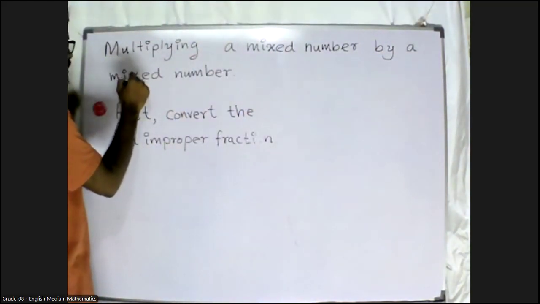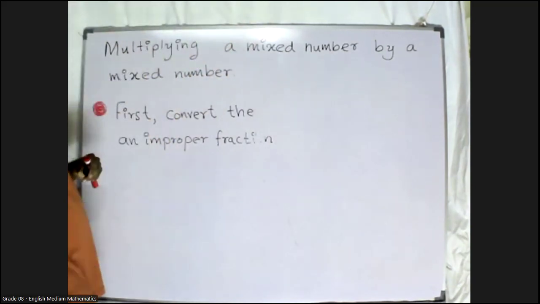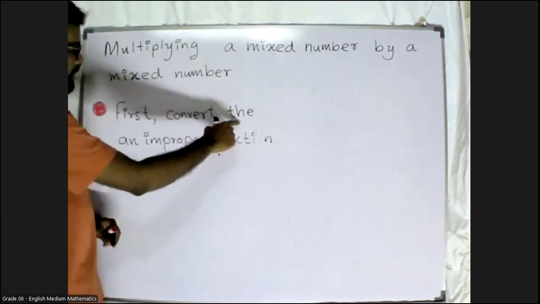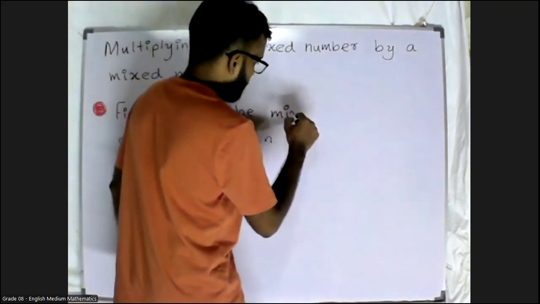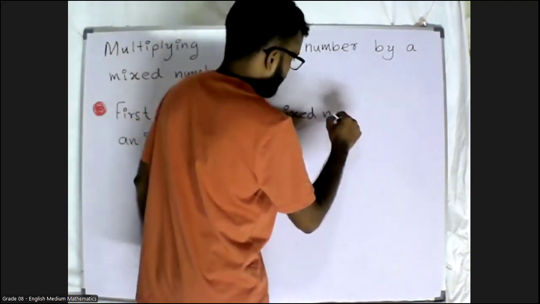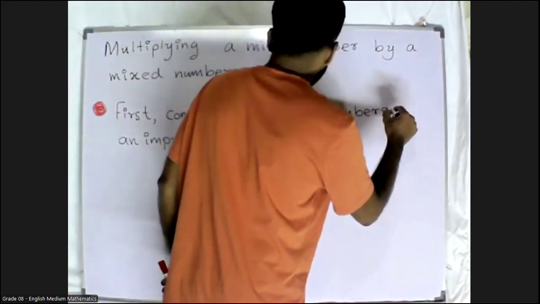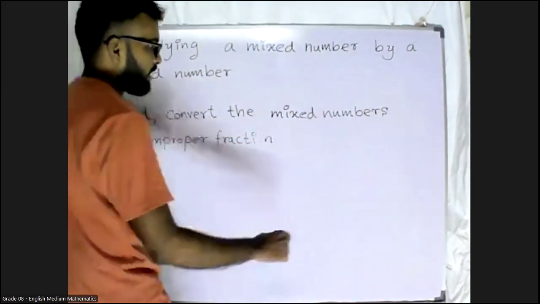Now you have two mixed numbers, right? Please write this. So the point is also the same. First convert the mixed numbers into improper fractions. This is very easy.